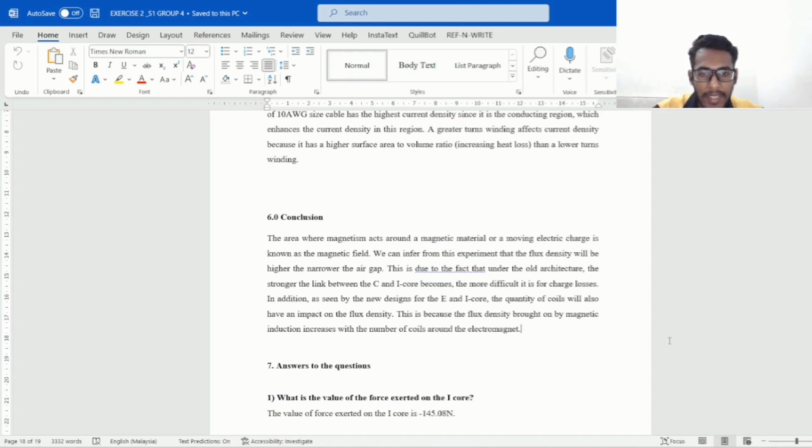In addition, as seen in the new design for the E and I core, the number of coils will also have an impact on the flux density. This is because the flux density brought on by magnetic induction increases with the number of coils around the electromagnet.